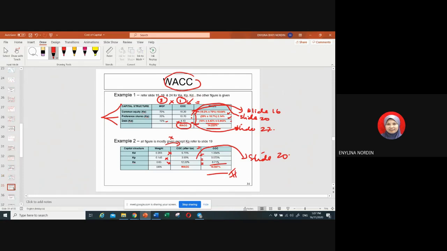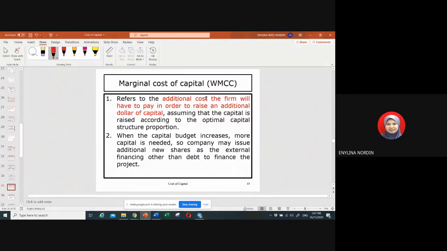We go to marginal cost of capital. Normally the company will use up all its internal fund first, all the available internal fund. Then there may be a point of time when the company has insufficient fund.